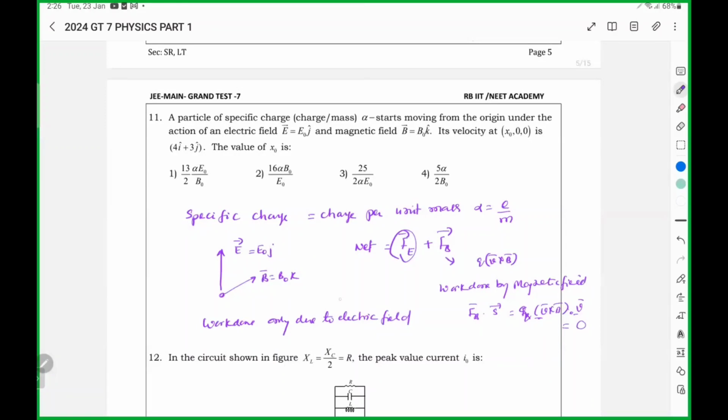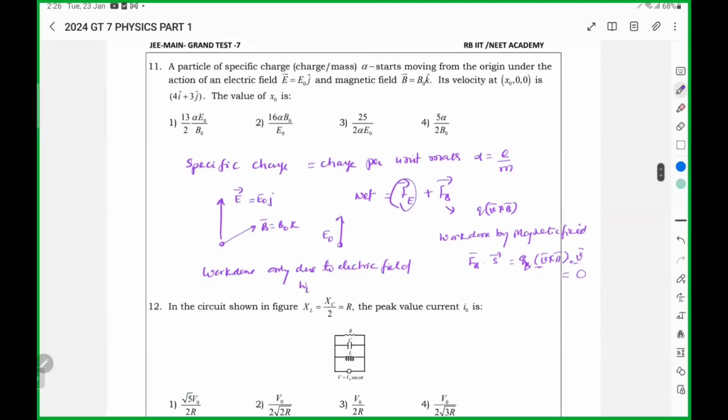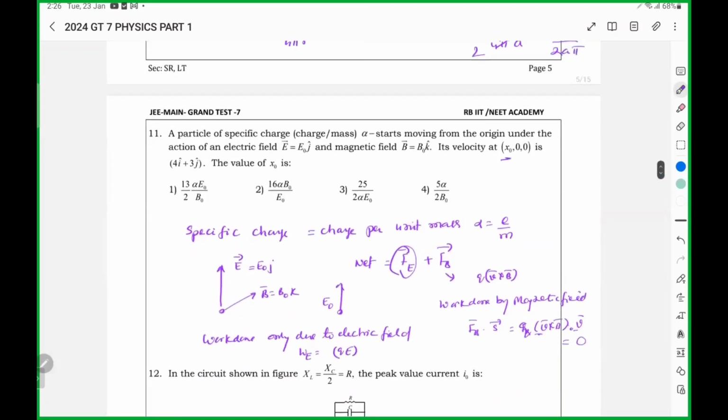Now here, this particle, force is applied, E naught, electric field is applied. Work done by the electric field is force into displacement x naught. The particle which is at rest gains a velocity, given as 4i plus 3j. Magnitude will be 5.